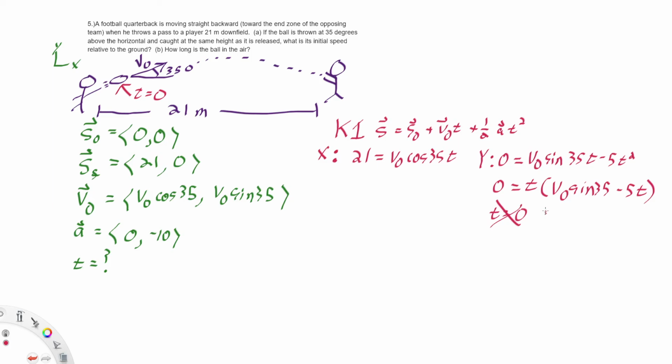So in other words, when v naught sine 35 is equal to 5t, so v naught is equal to 5t over sine 35. And then we can take that, plug it into the x direction.